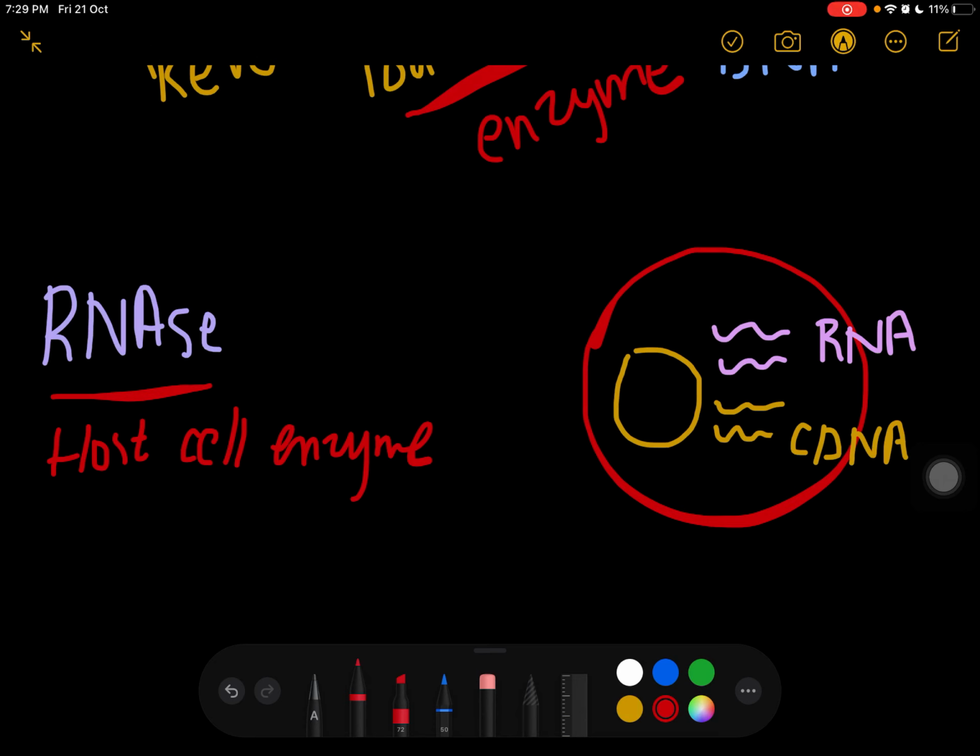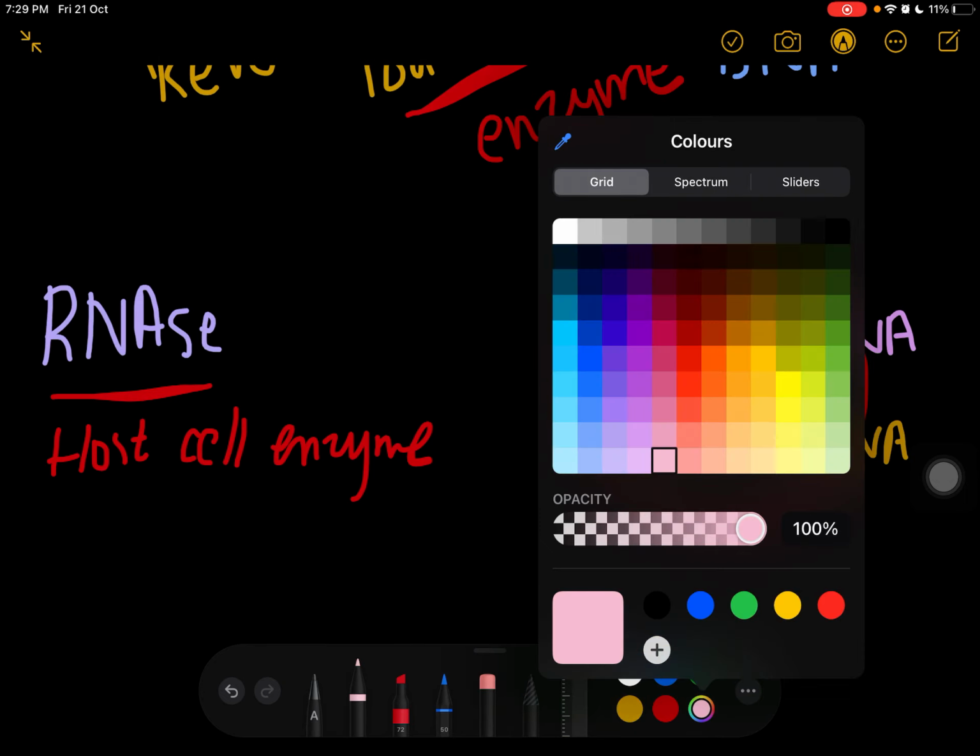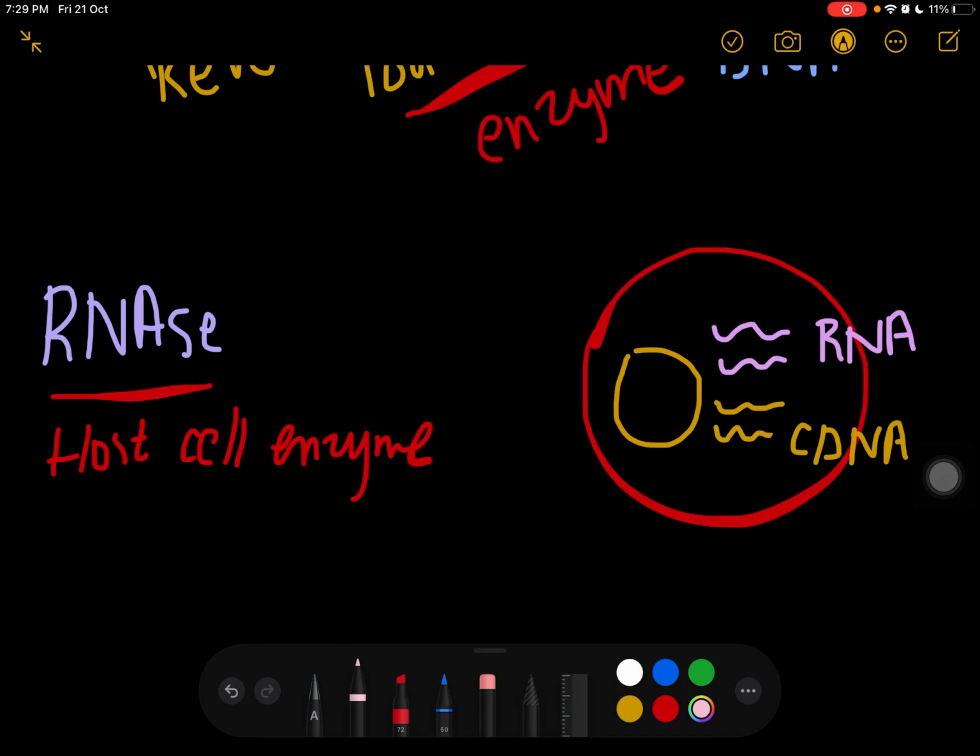What will this RNAse do? It will destroy, or it will disintegrate, this one RNA, right?